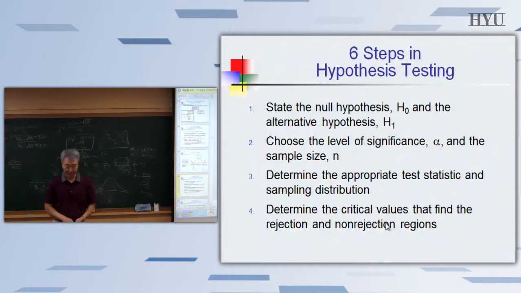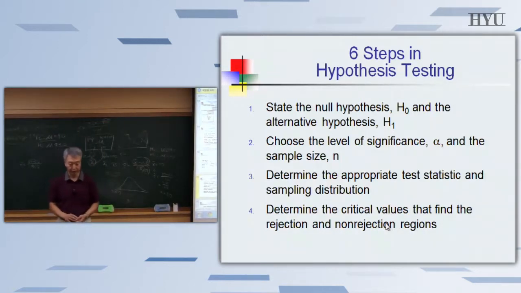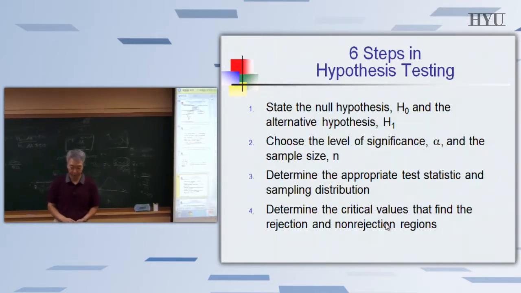So in summary, we have 6 steps in hypothesis testing. The first step is you have to state the null and alternative hypothesis. Make sure you remember that the equal sign only goes on the null hypothesis. The alternative hypothesis cannot have an equal sign. So only the not equal sign or less than or greater than can be on the alternative hypothesis.